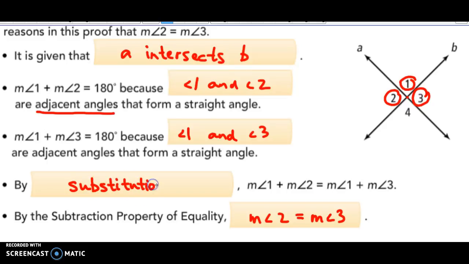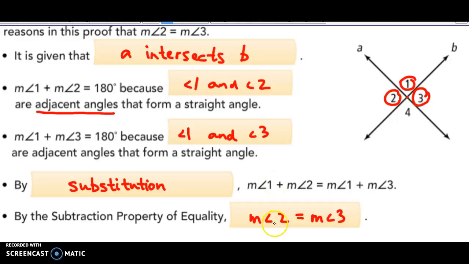So this time, by substitution, I can prove that the measure of angle 1 plus the measure of angle 2 equals the measure of angle 1 plus the measure of angle 3, because each of these equal the same thing. So I have replaced 180 with the measure of angle 1 plus 3.